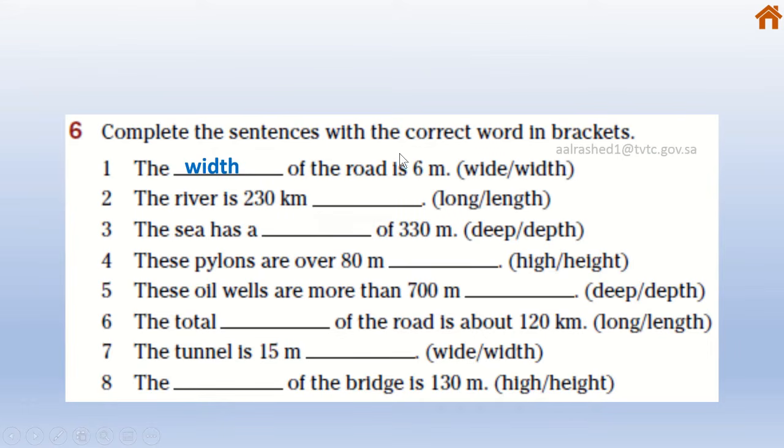After that we need a verb. After that you need to put the number and the measurement unit. So you talked about the dimension of the road in terms of its width.